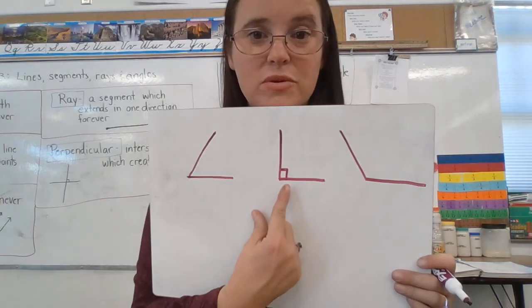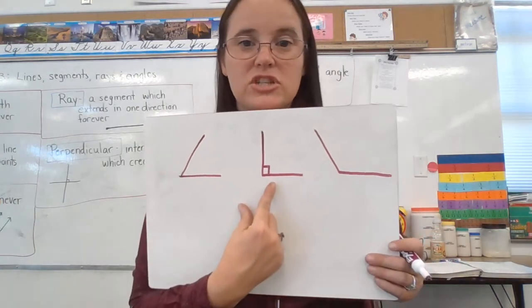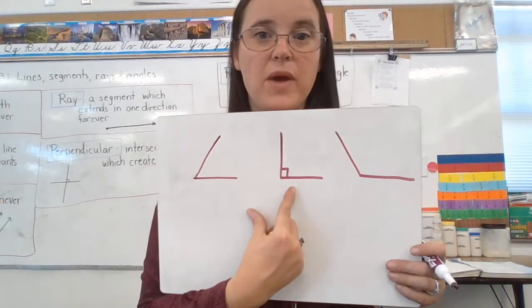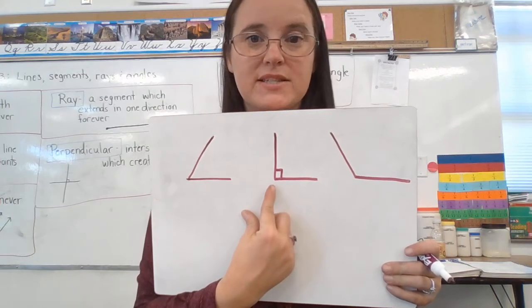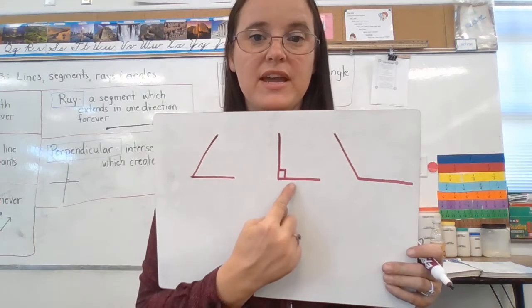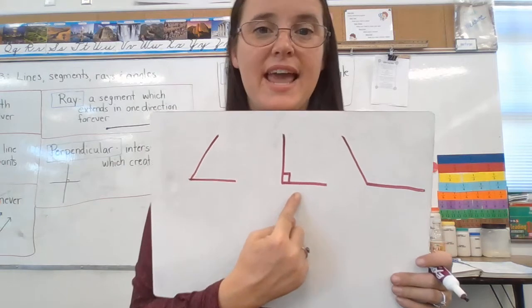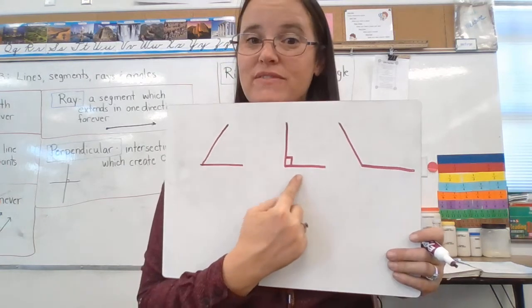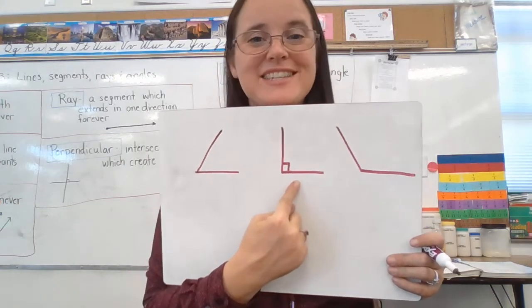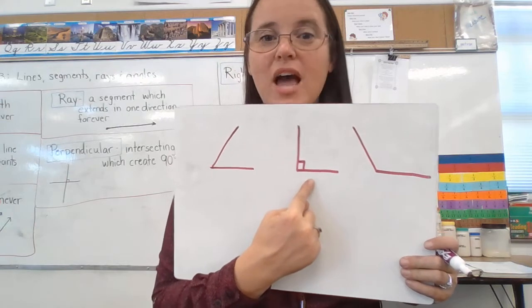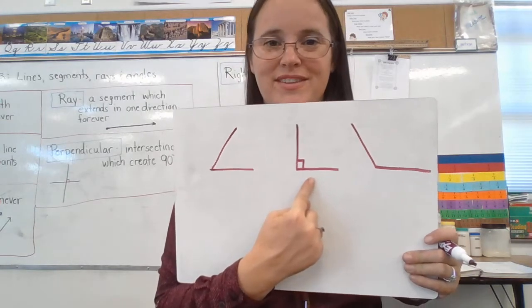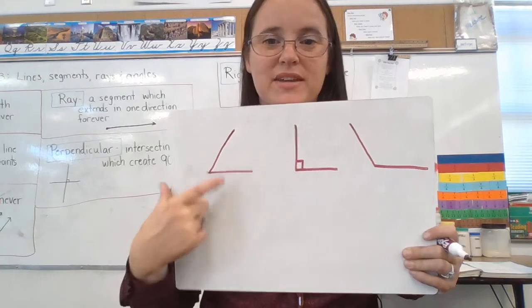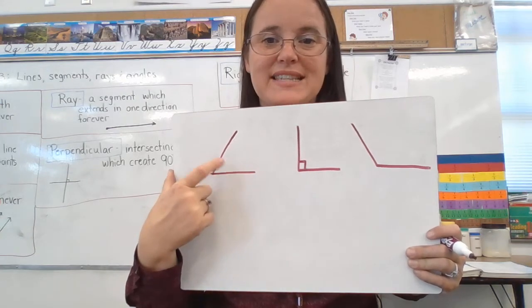That box in the corner is kind of like your cheat sheet. That's your tip. Hey, it's a right angle because it makes a square corner. So this right here we would call right angle. So of the 2 that are left, which one's the sweet little cute acute angle? That would be this one. This space here is less than 90 degrees.